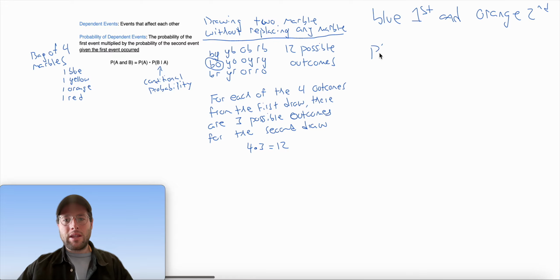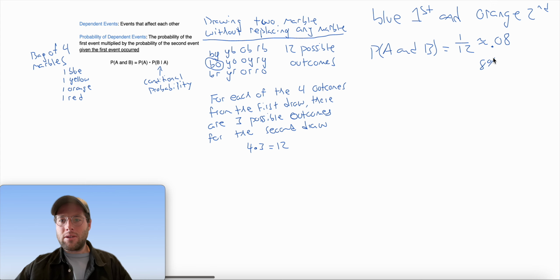So we can say that the probability of A and B equals 1/12. And that approximately equals 0.08, or an 8% chance.